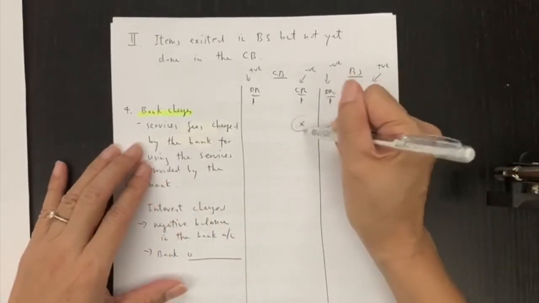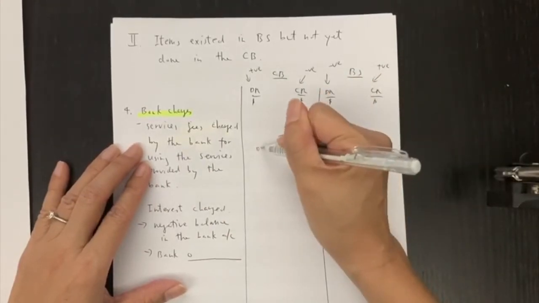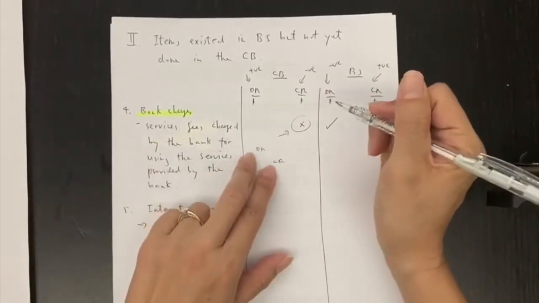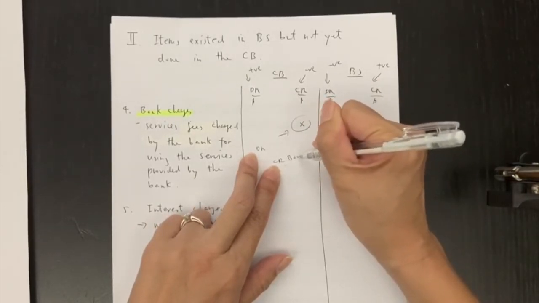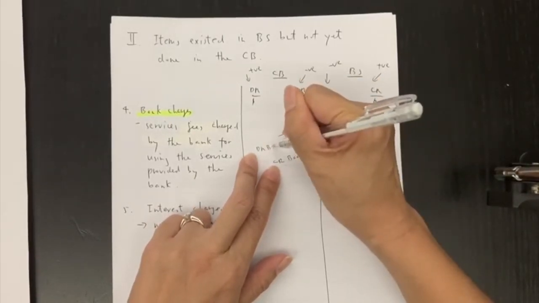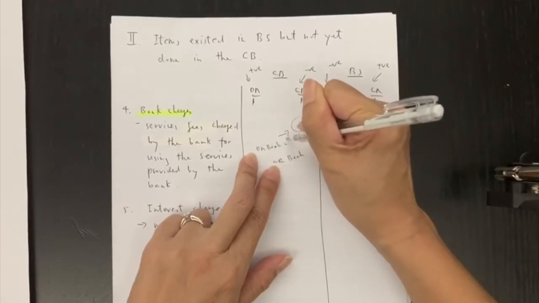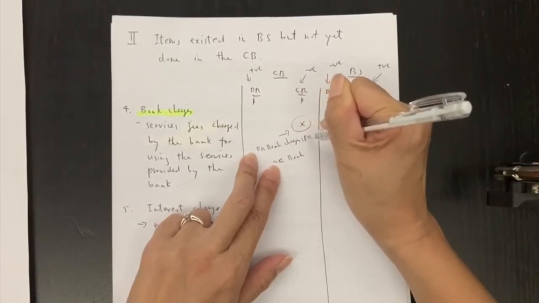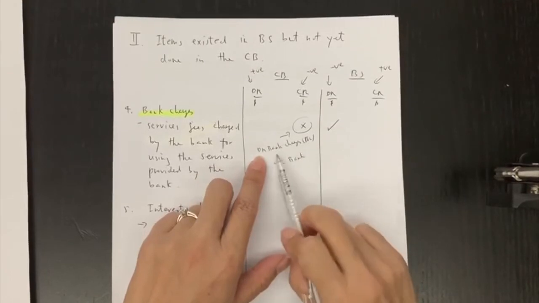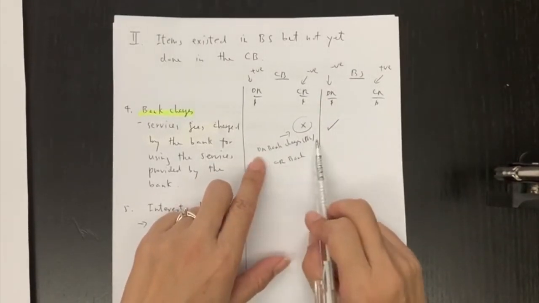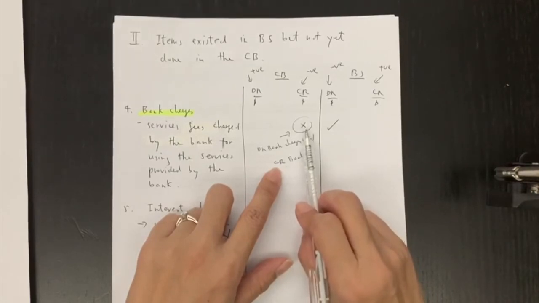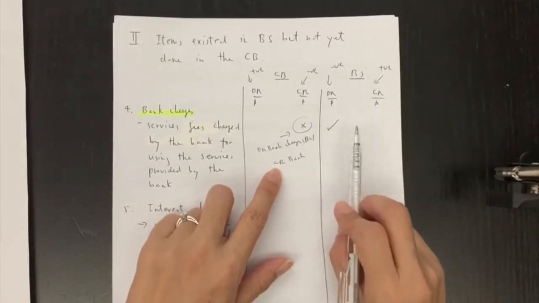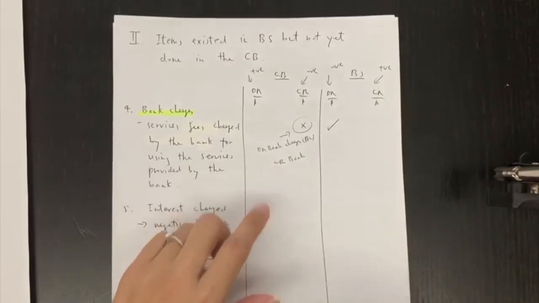So later on, for adjustments, we need to do this. We have less money in the bank, so we credit bank, and this is bank charges, which is a kind of expense in the profit and loss account, or expenses in the income statement. But at this moment, it is not yet done in the cash book, only until we have received the bank statement.